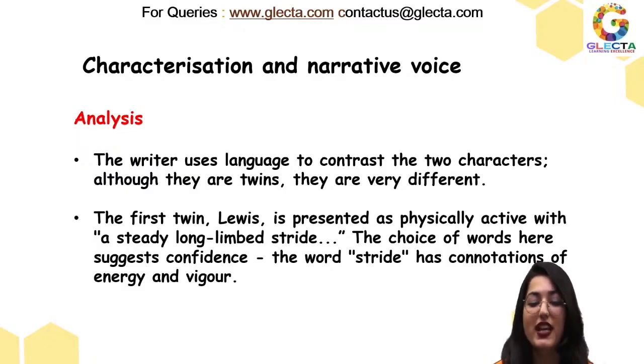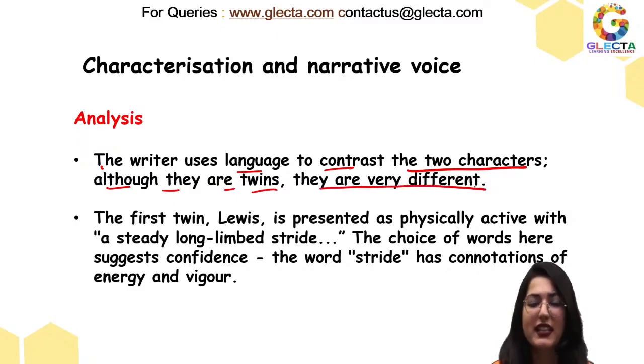Now let's talk about the analysis, what we have analyzed after reading this extract from On the Black Hill. The writer uses language to contrast the two characters. Although they are twins, they are very different.